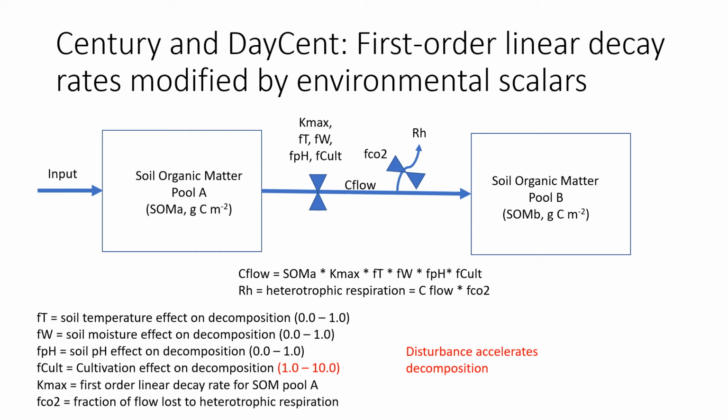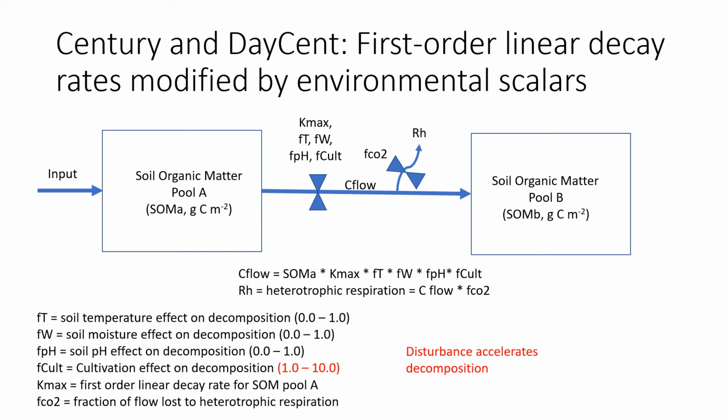So maybe part of it's decomposed in pool A, and then the undecomposed or transformed material goes to pool B. So there's input to pool A, which is plant litter, and then soil organic matter pool A decomposes, and that decomposed material is what I'm calling C flow here.